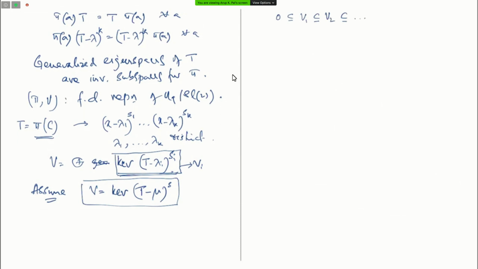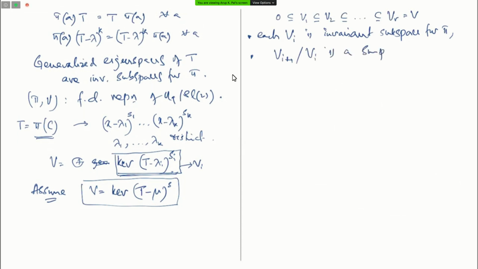So each V_i is an invariant subspace, and V_{i+1} quotient V_i is an irreducible representation, the one lifting from pi here.